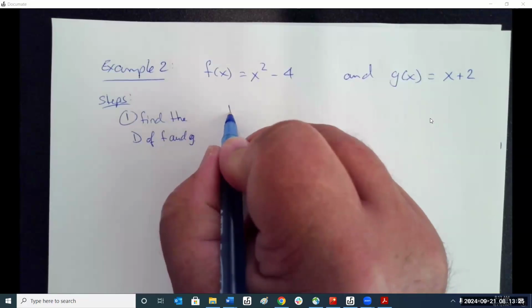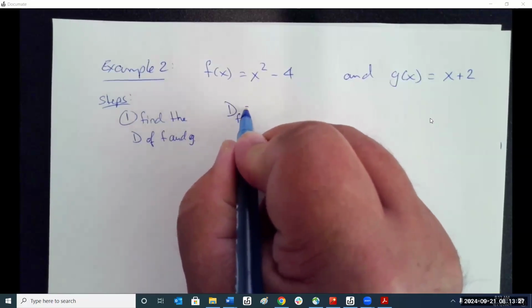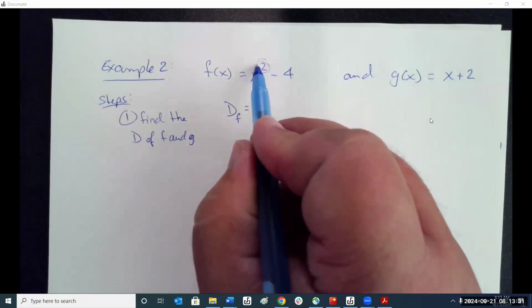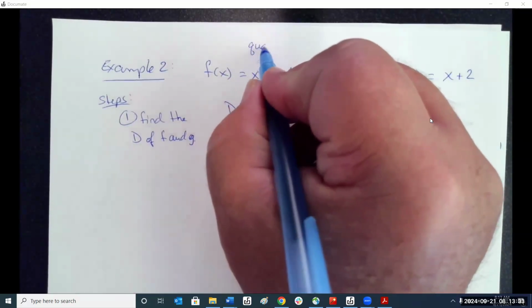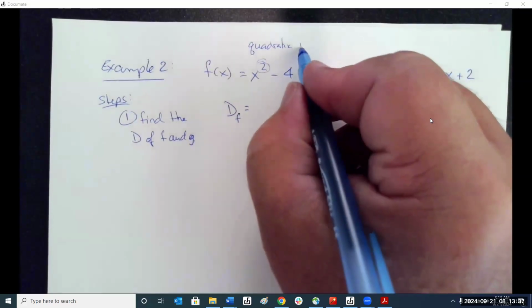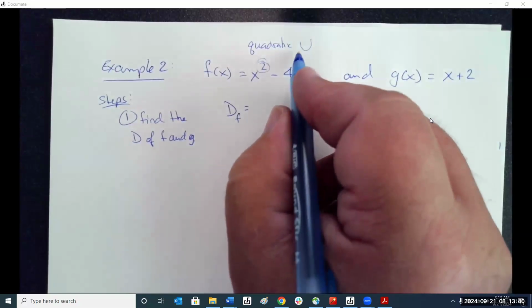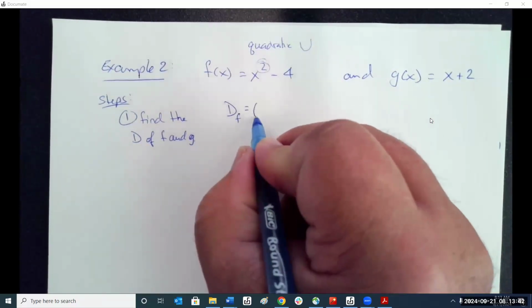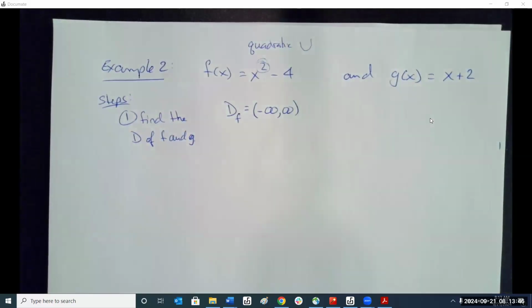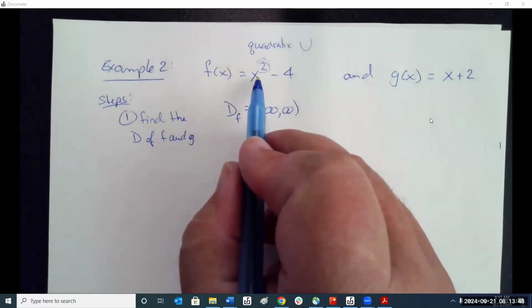So the domain of f, since it's a quadratic function, it looks like this. So it goes from -infinity to +infinity. The domain is all real numbers. I could put negatives in there, I could put positives, and I could put 0.